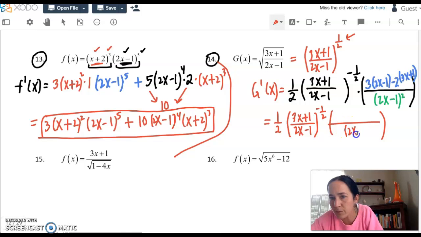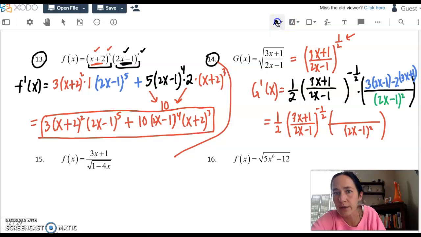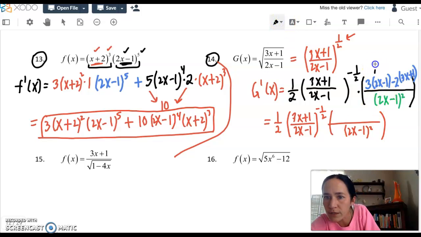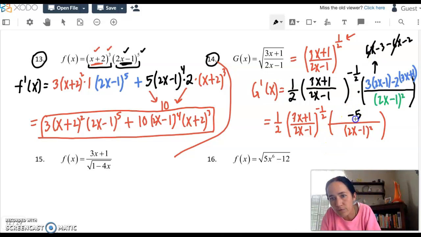So I'm going to leave the 2x minus 1 squared on the bottom. And then let's do some side work with the stuff in blue. So distributing in, we have 3 times 2x, so 6x minus 3, that 3 going to both parts, and then minus 6x, I believe minus 2. So the 6x's canceling, and then you end up with that part of the numerator being a negative 5.